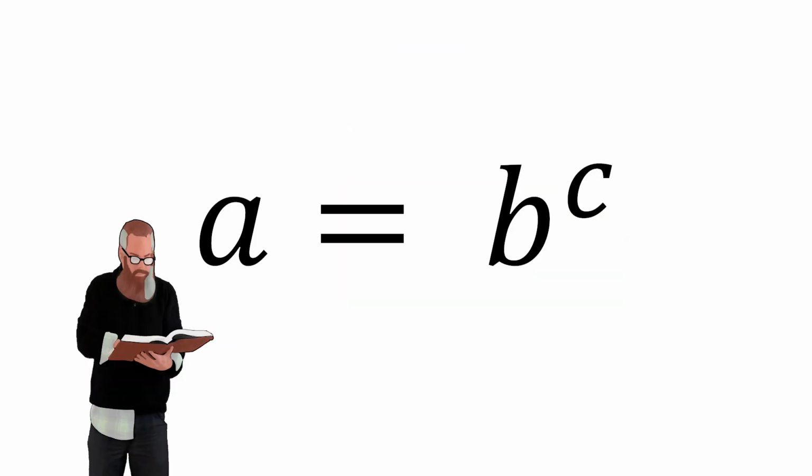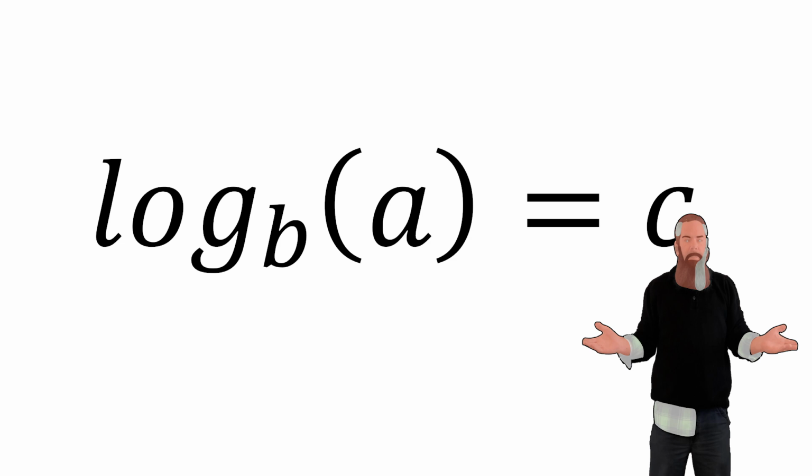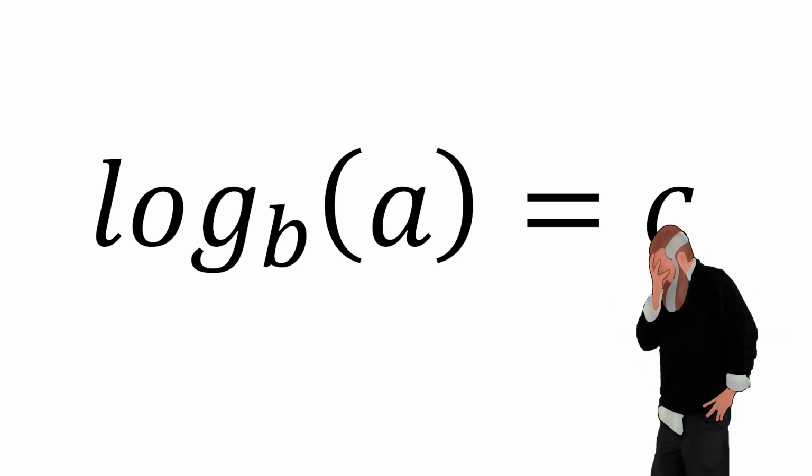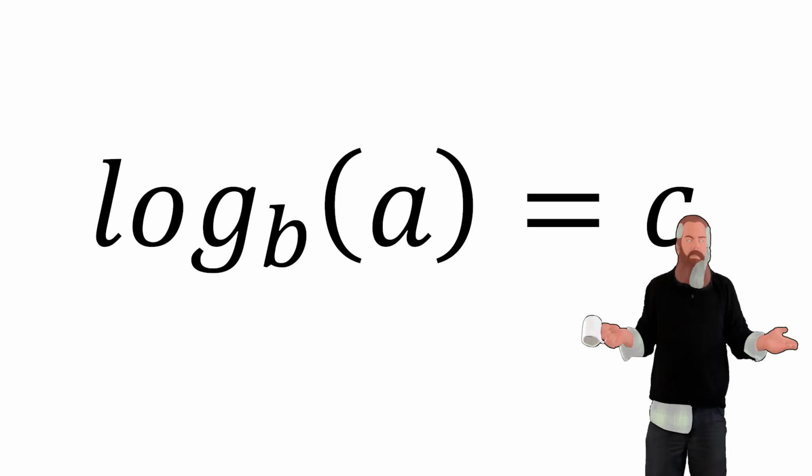In general, an exponential equation has the form a is equal to b to the c power, where b is greater than 0, and can be written as a logarithmic equation. C is equal to log b of a, and reads as C equals logarithm of a with base b, or C equals log base b of a.